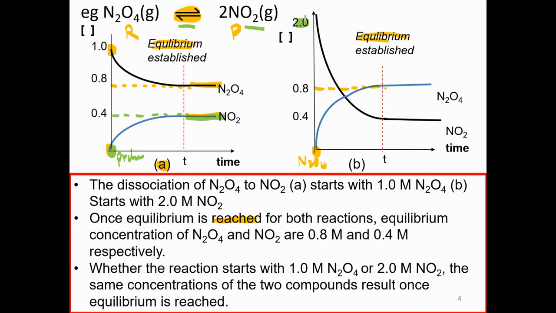When it starts with 2, reactant NO2 produces N2O4. So NO2 will slowly reduce, but when it reaches equilibrium, the concentration is also constant at 0.4. So you can look at this: whether the reaction starts with 1 molar or 2 molar, the same concentration of the two compounds results once equilibrium is reached.